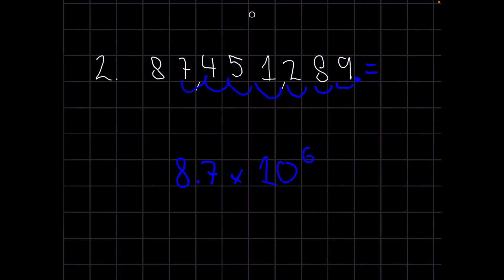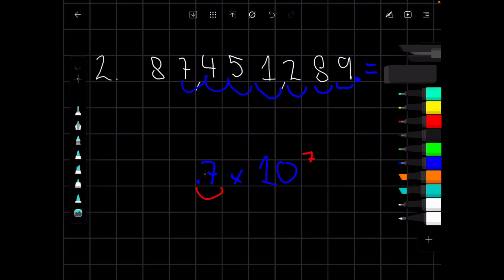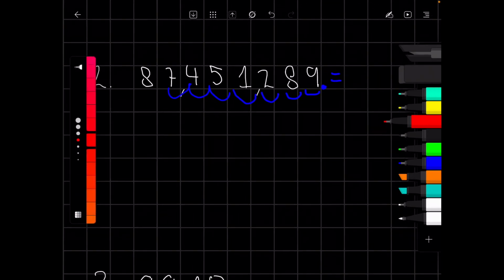So if we put down this, then let's erase this, and we put in a 7 to compensate for the loss of a decimal place. Let's try again with the question.